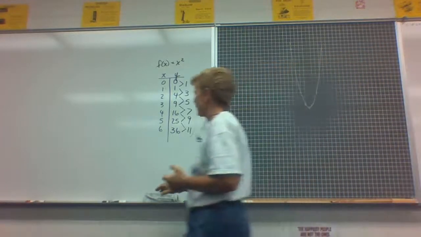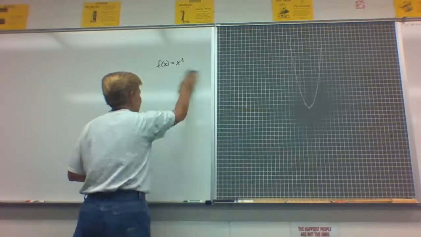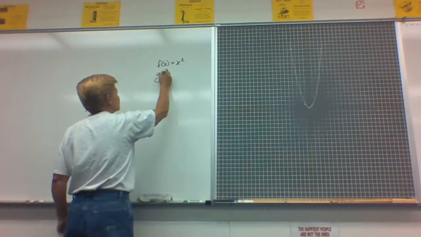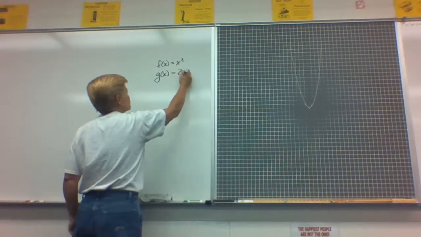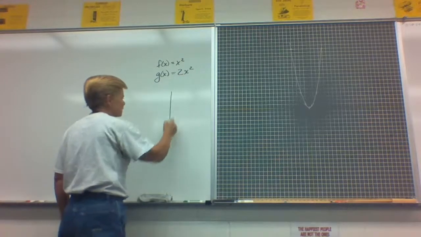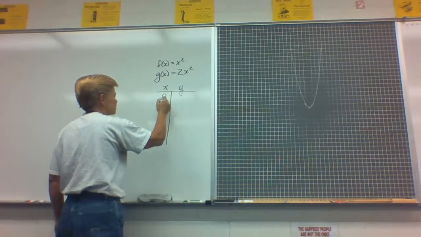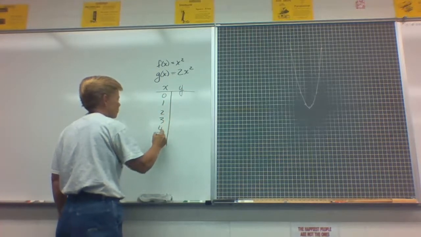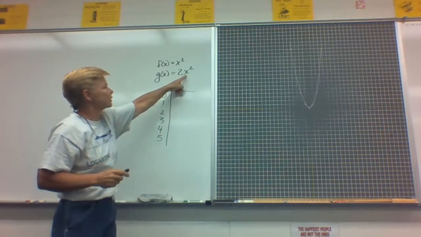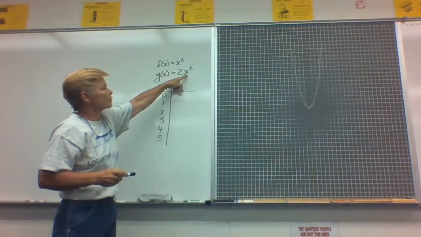What would happen if I had this parent function, which is f of x, and I had a transformation of f of x called g of x, which is what we're used to doing, equals 2x squared. All that would mean, if we were to put some x's and y's on this, is that when we plug in a value of x right here, we would still square it, because we have to do squaring first in order of operations.